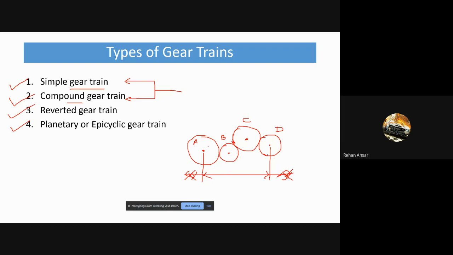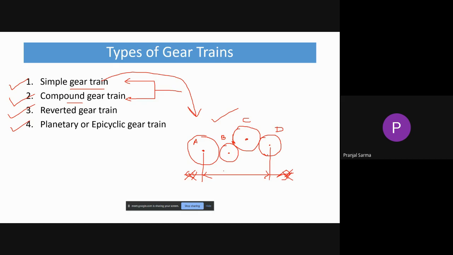Very simple. Okay, so this is a simple gear train. How do you ascertain that this is a simple gear train? How did you know? That is what you looked for and how you concluded. Yes, correct, this is a simple gear train only. But how did you distinguish it to be a simple gear train?